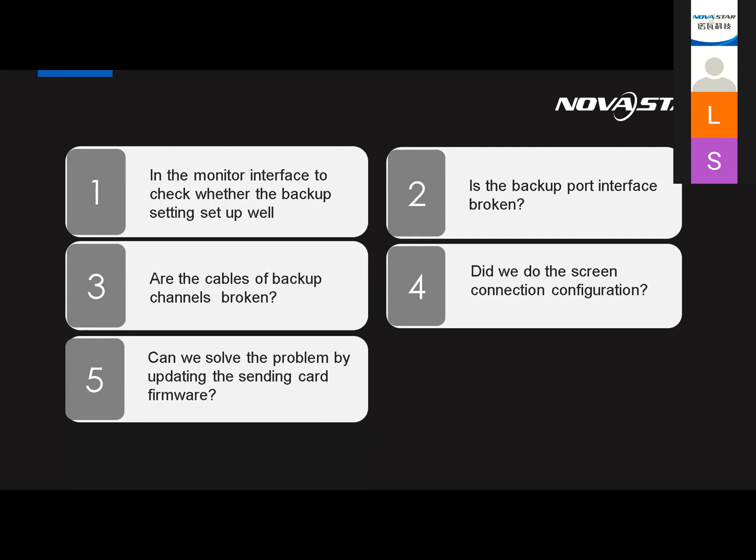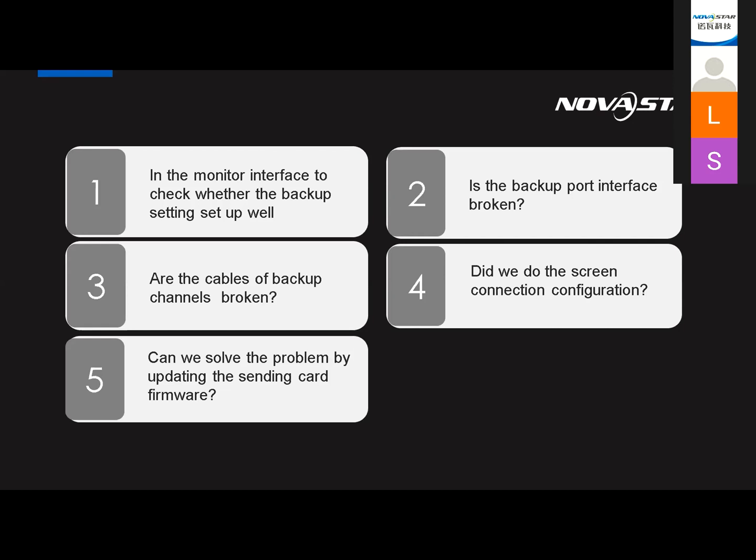The fifth one is that this problem happens with some very old firmware, like in 2017 or 2018. At that time, Novastar updated some controllers' firmware, and so people used old firmware and new firmware at the same time.